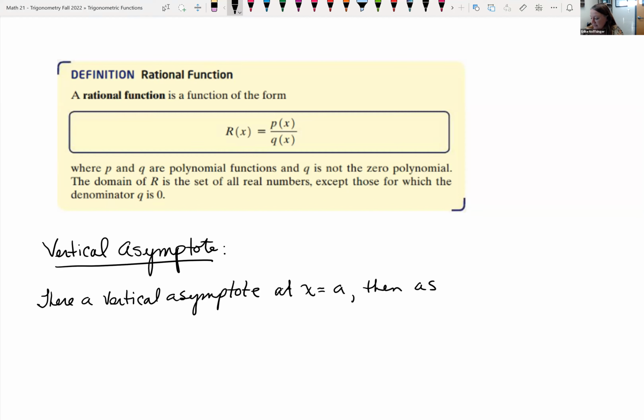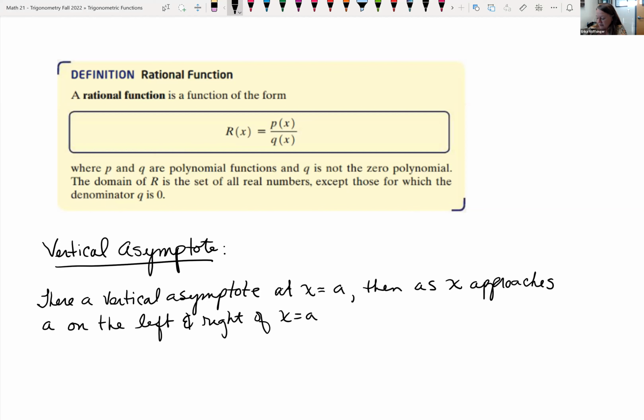Then as x approaches a, on the left and right of x equals a, then f of x, or let's call it r of x, since that's what we had defined our rational function.